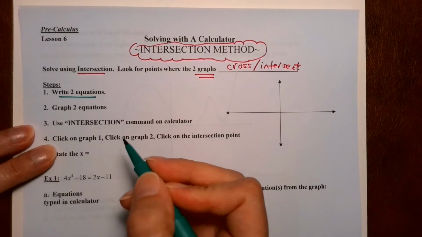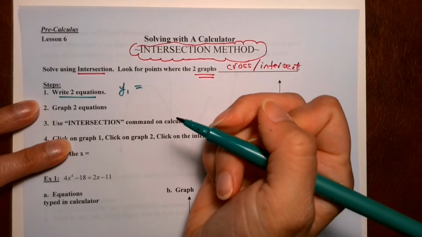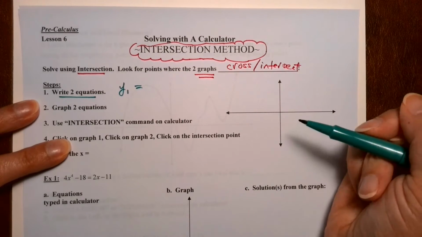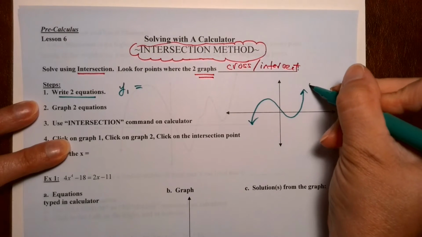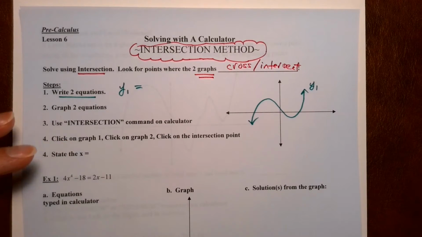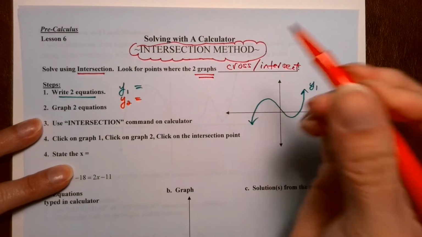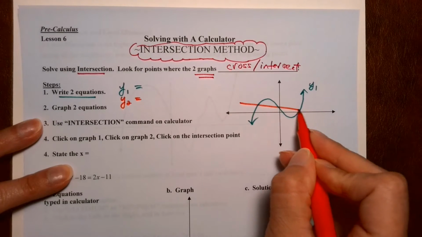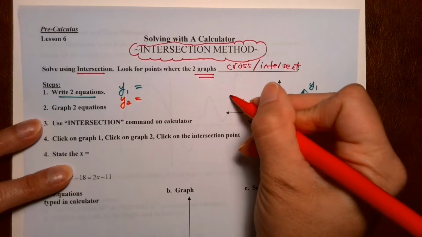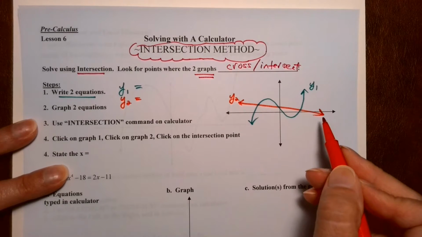So we're going to have y1 equals, and let's assume my y1 looks something like this. Here's y1, the first graph, and then you're also going to have y2. Let's assume y2 maybe is a line. So y1 ended up being a cubic, y2 is a line.